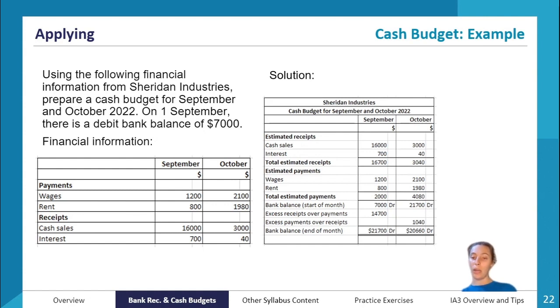And then we subtracted that from the 21,700 because that's the equivalent of a credit. We're decreasing that balance and it's going down to our 20,660, but we're still in the debit. The debit was being decreased by that credit, but it is still in the debit nature.